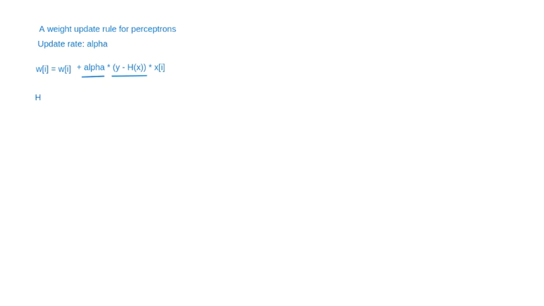So remember, it's not just the dot product: if the dot product is greater than 0, make it 1, otherwise make it 0.